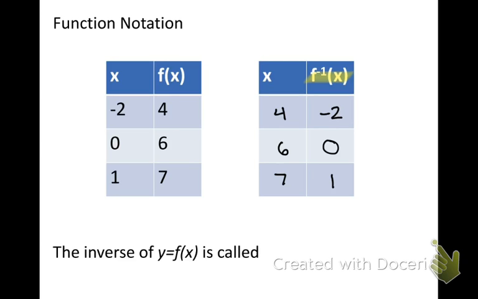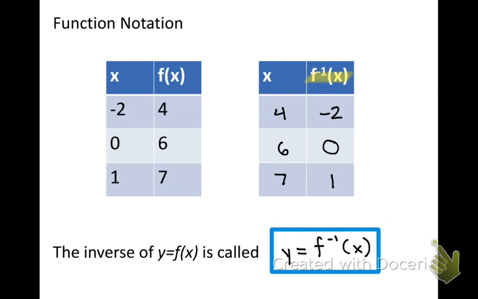When I write y equals the inverse of f of x, it almost looks like I've got a little exponent of -1 squished between that f and that x in parentheses. But this is not an exponent. It's just in the superscript position. This is my inverse notation in function notation. So this notation right here is my fancy inverse notation.